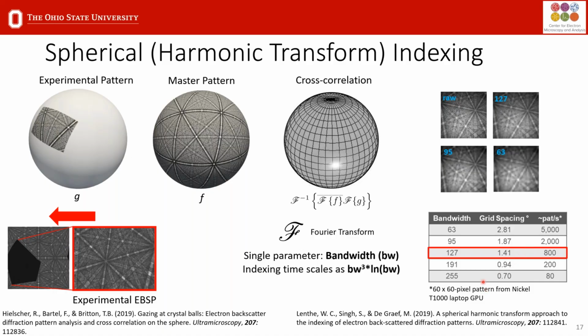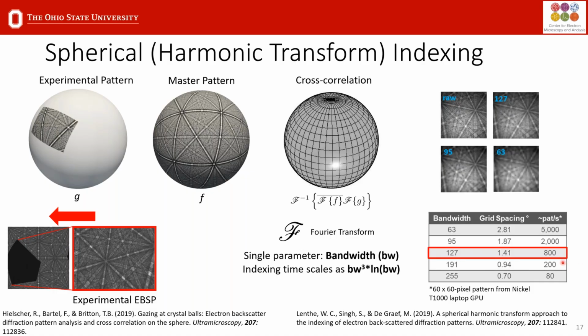Now, you might ask, okay, you have this discretized issue where you have fixed orientations. A nice property of the function that's used to rotate the sphere is that you can also do orientation refinement in Fourier space. If you do this refinement with the spherical indexing, you don't necessarily need to do the real space refinement step afterwards.